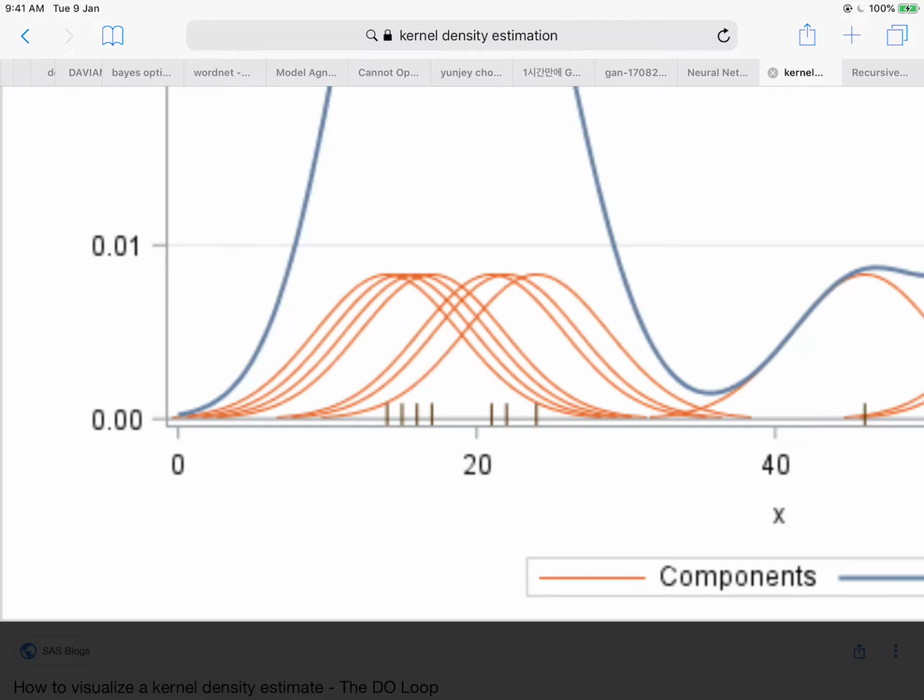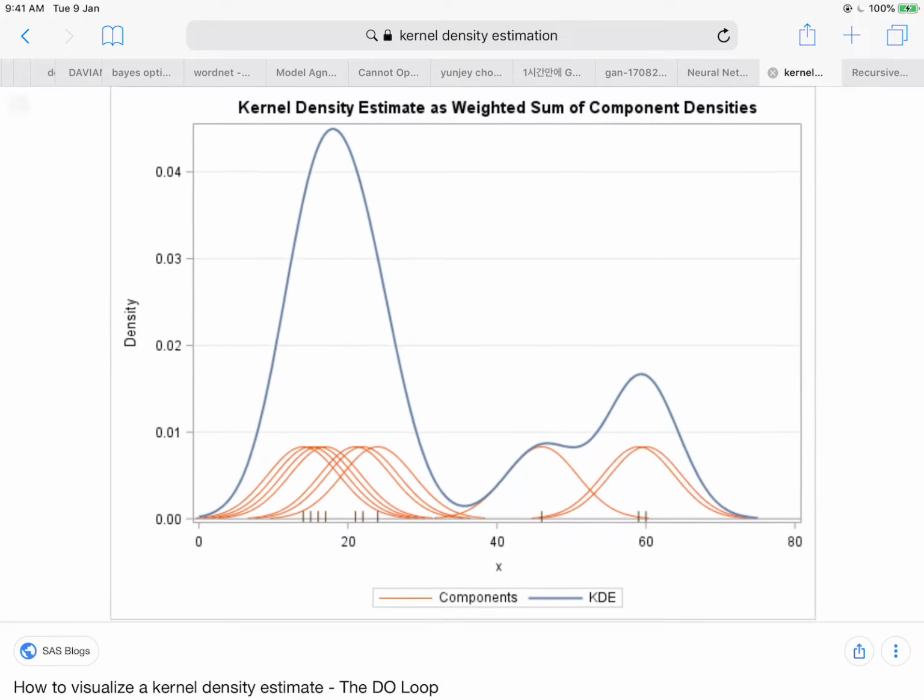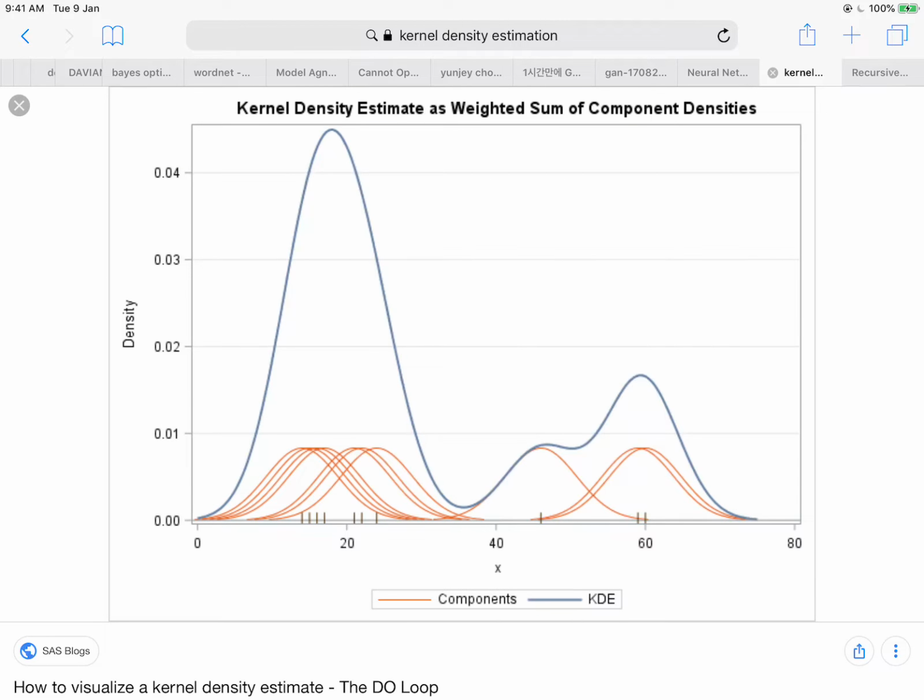But in this case, there is no training process, and this Gaussian envelope or the total overall density model is just built by just summing up all these little small Gaussian components. Okay, so in this case, there is no parameters to optimize through our training data.